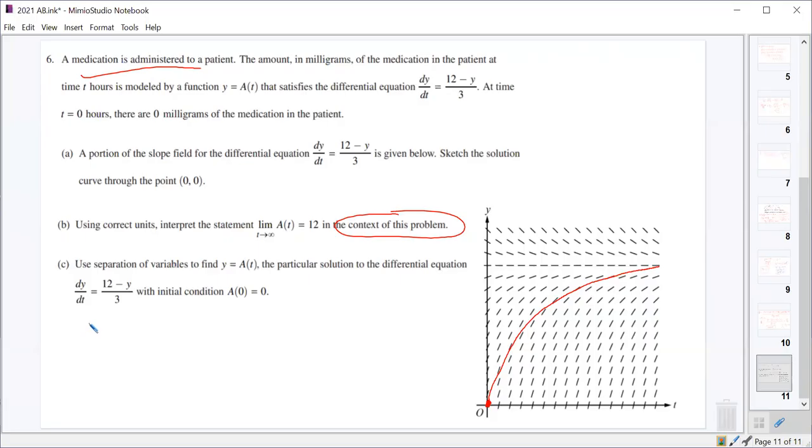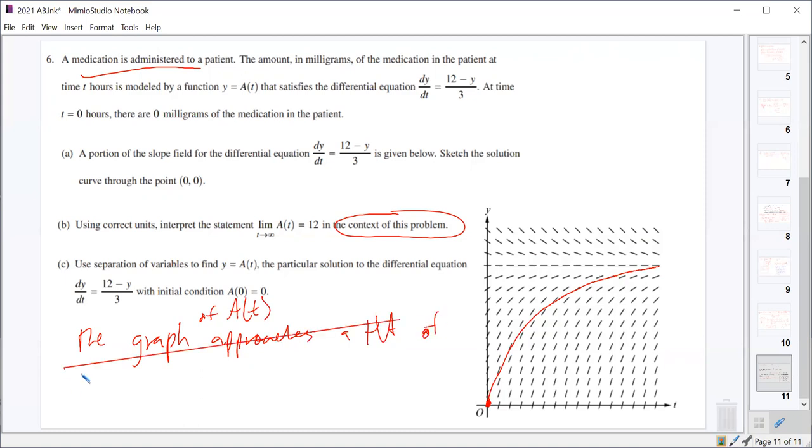So we'd say something to the effect of, the graph of A of t approaches a horizontal asymptote of A equals 12, the patient will never have more than 12 milligrams.